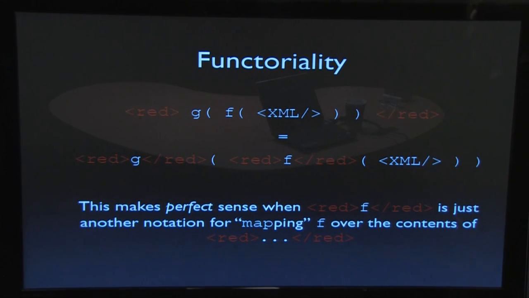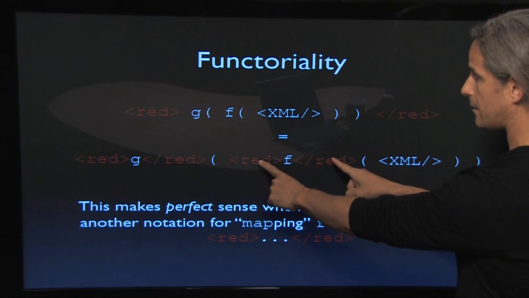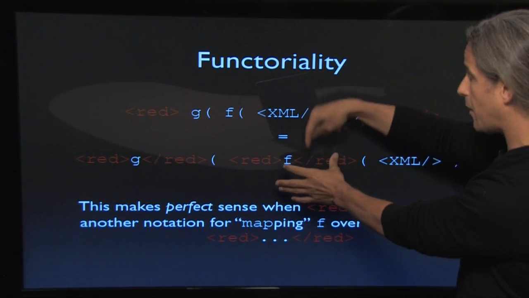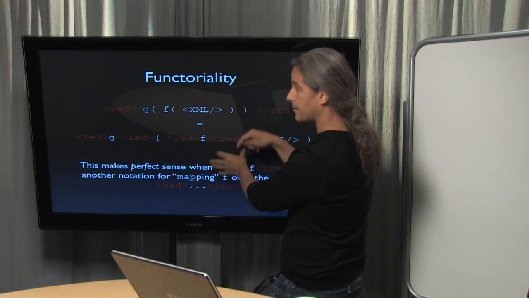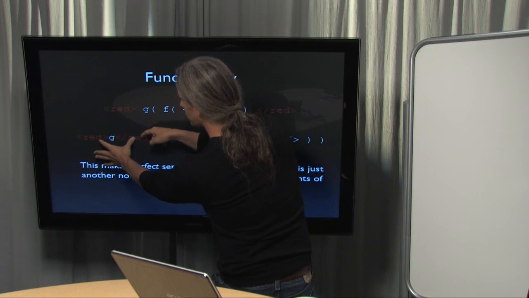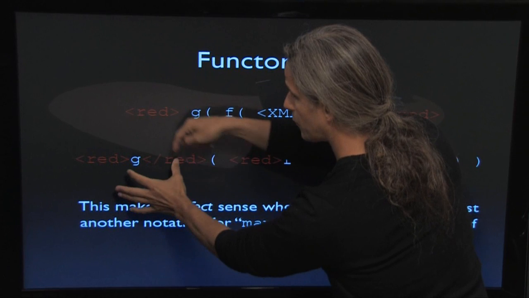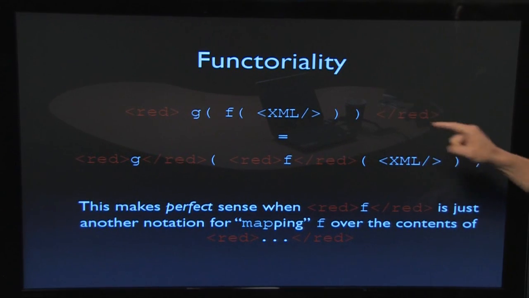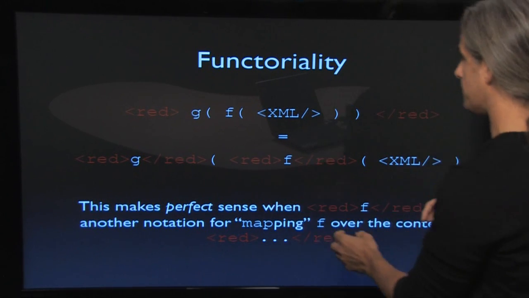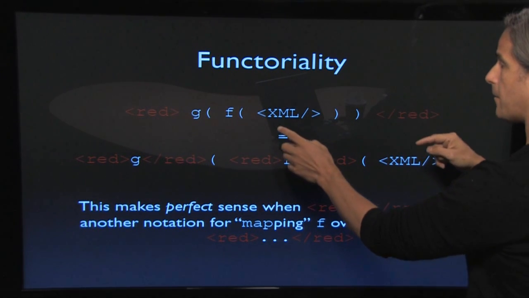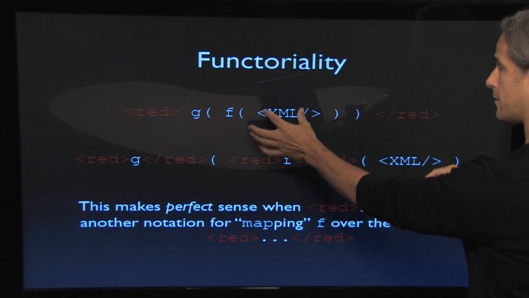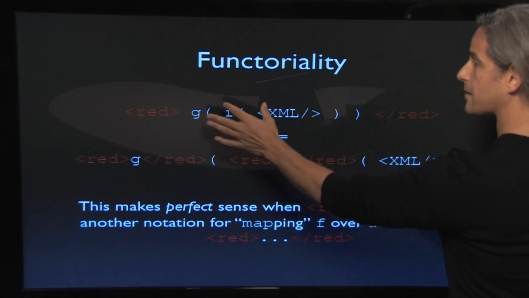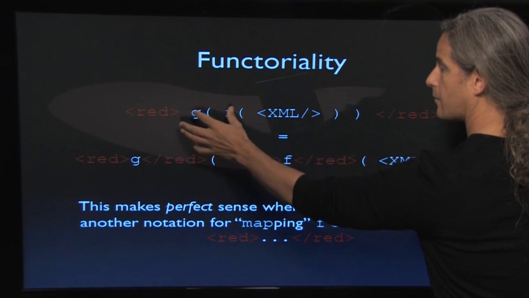Okay? So if I write this just to mean whatever's inside the braces, go and run it pointwise over each one. And likewise here, whatever's in between the braces, go and run G on that. Then what we're requiring is, if I take the XML out, then now we have expressions exactly in functions.